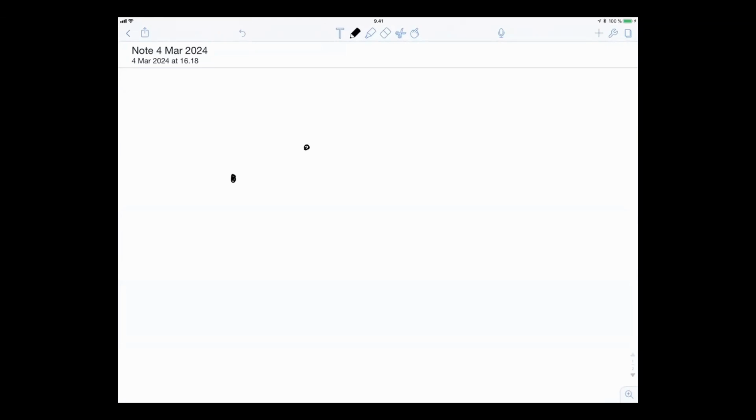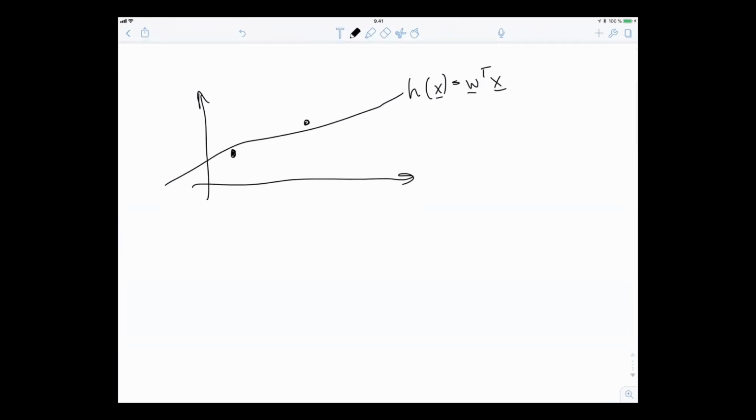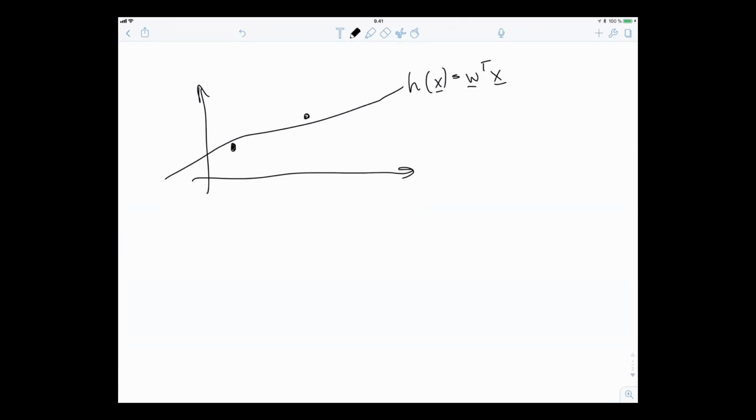So we have data points, and we want to learn a hypothesis or train a model. So we want to learn a hypothesis, which is, for example, a linear hypothesis. So this is an inner product. And we already worked this out last time: learning a parameter vector by minimizing the average squared error.